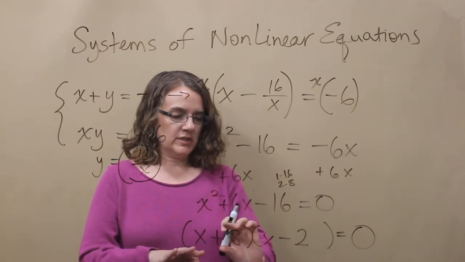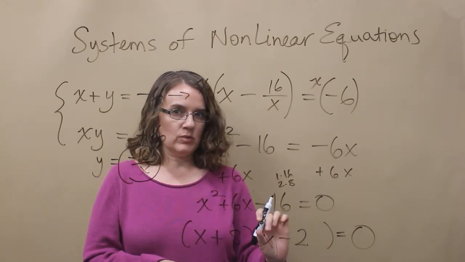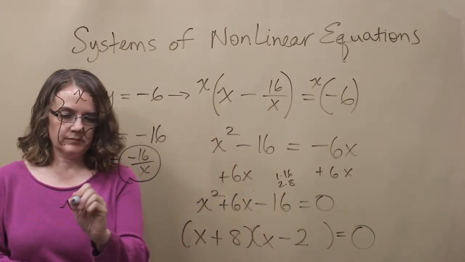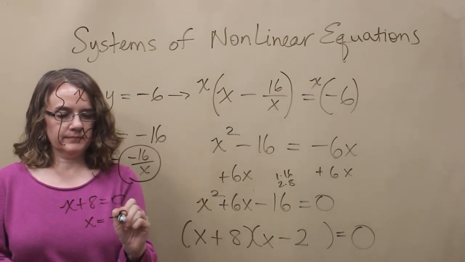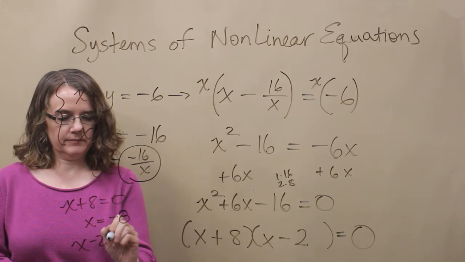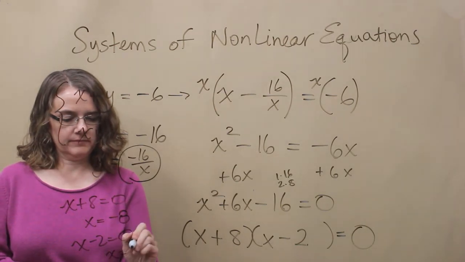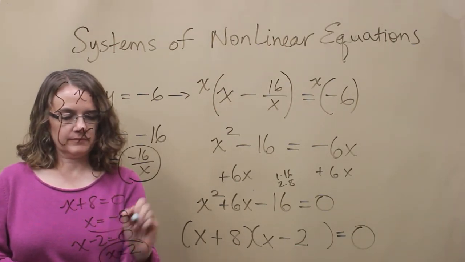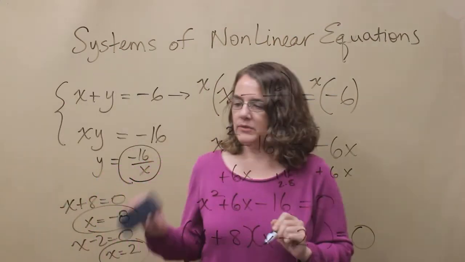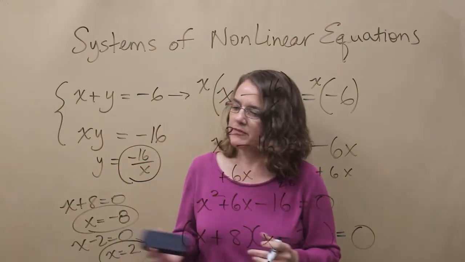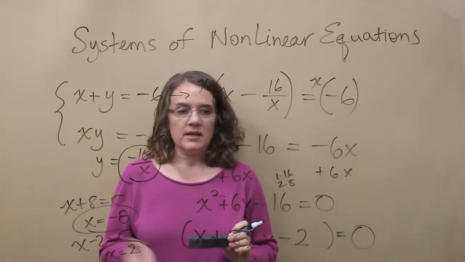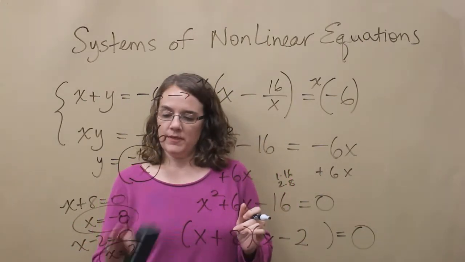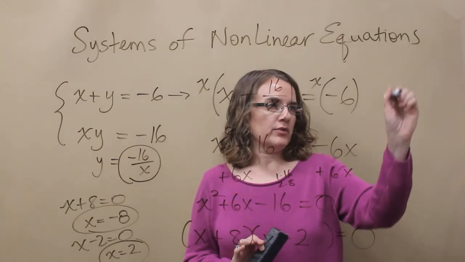So I can set both of these equal to 0. Now, this is part of our answer. It's about half of our answer. And what we will do with this is put them over here in an ordered pair.